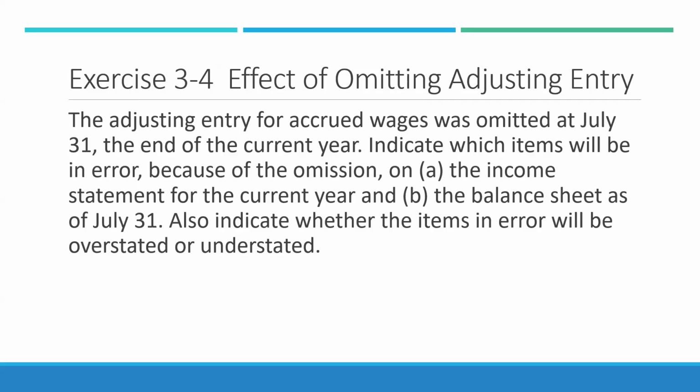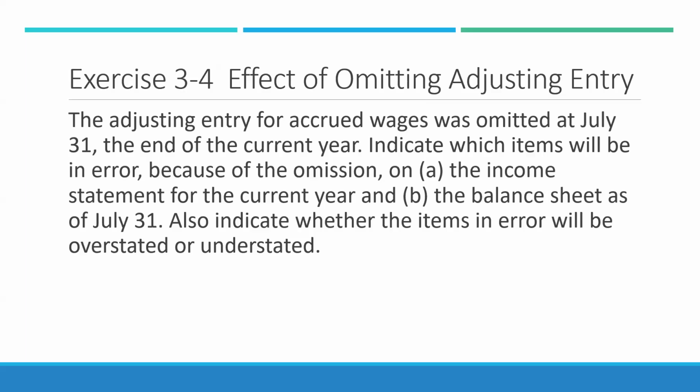Okay, let's look at this one, guys. The adjusting entry for accrued wages was omitted at July 31st, the end of the current year. Indicate which items will be in error because of the omission. So like, guys, let's just think of this. If we omitted accrued wages, what would that look like?